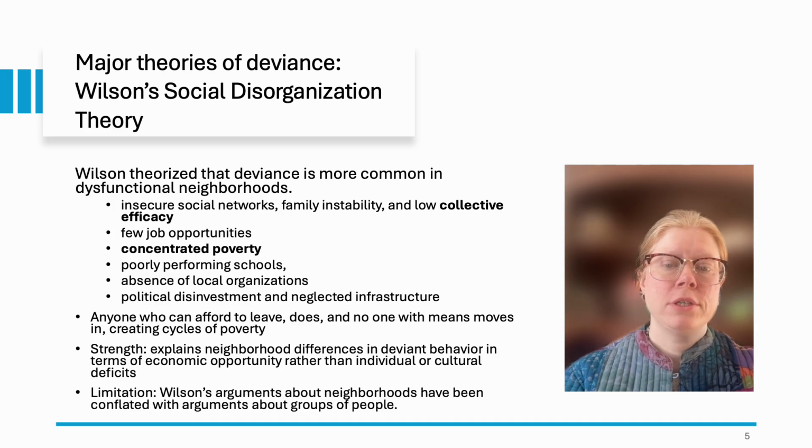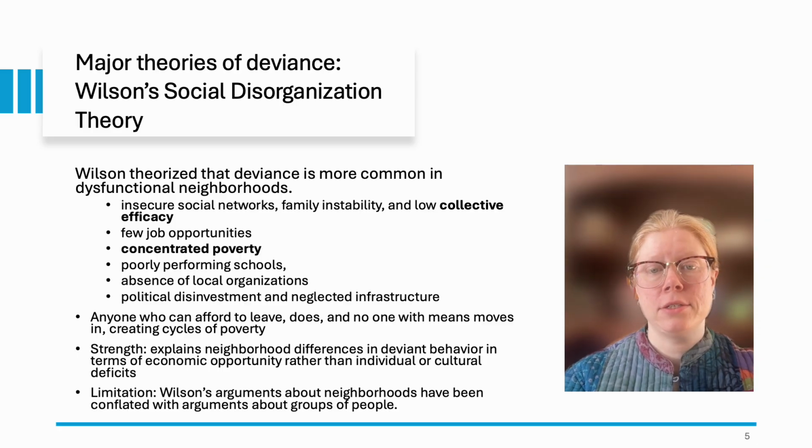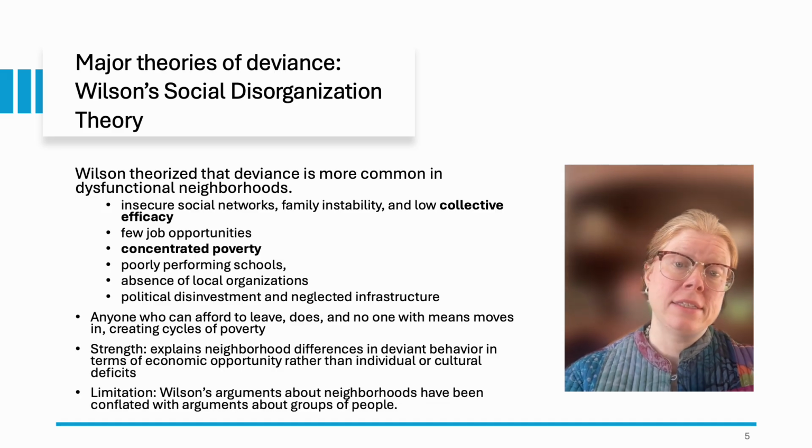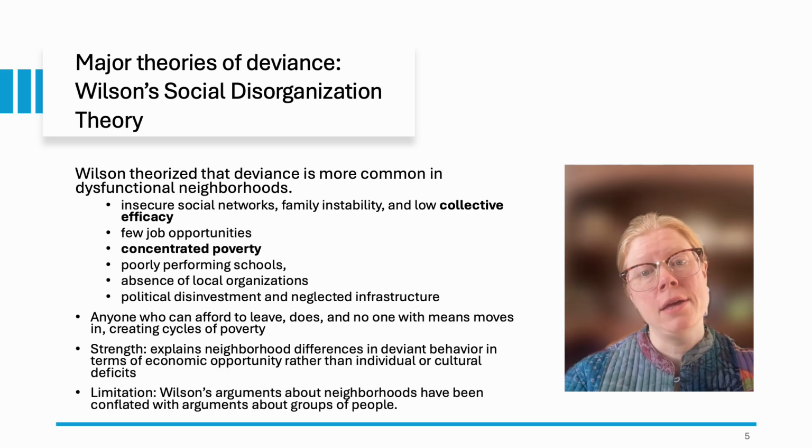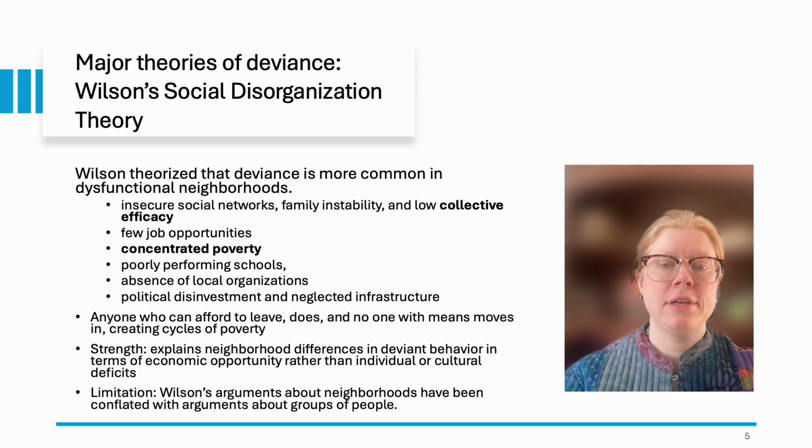And William Julius Wilson, a sociologist writing from the south side of Chicago, said, I think we should consider that possibly it's the neighborhoods rather than the types of people in them. We might want to consider the effects of the neighborhoods themselves. He was building on earlier works on neighborhood effects from the 1920s and 30s.